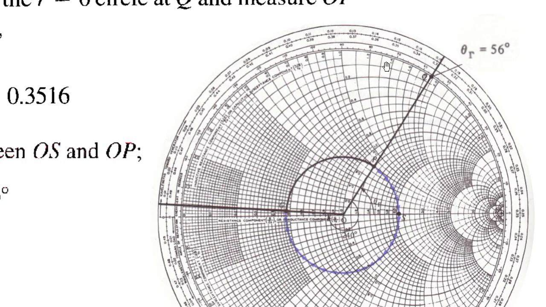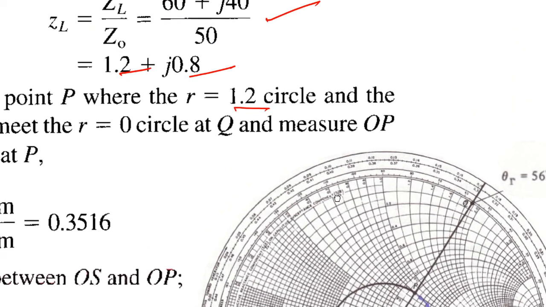This is 1.4, 1.3, 1.2, 1.1, the 1, 0.9. Sorry, 0.8 will be there. So you can see here. This is 1. So we have to find this one. So here it is 0.8.